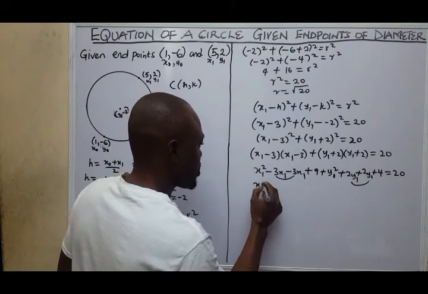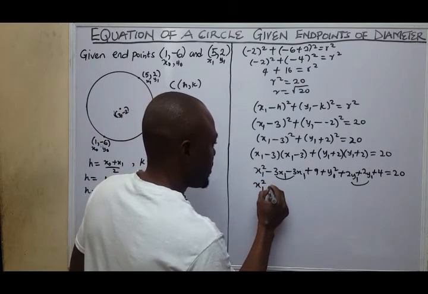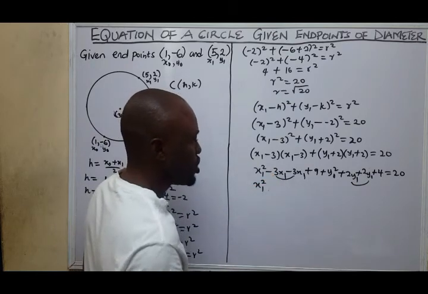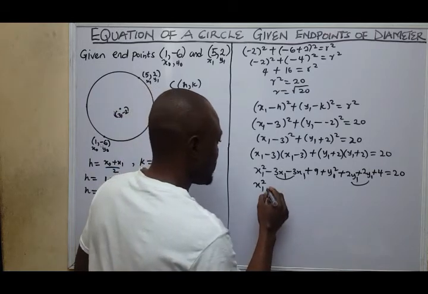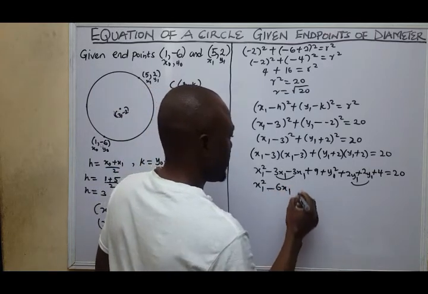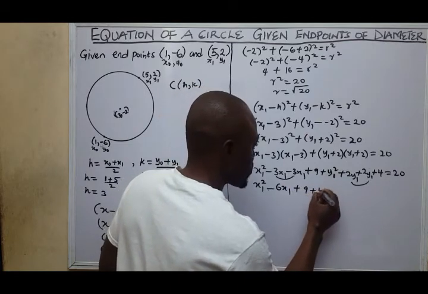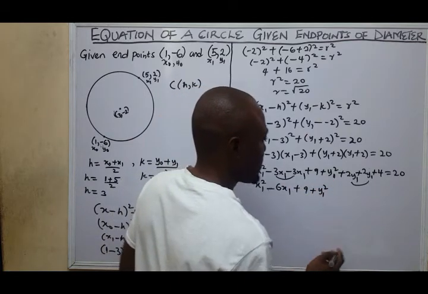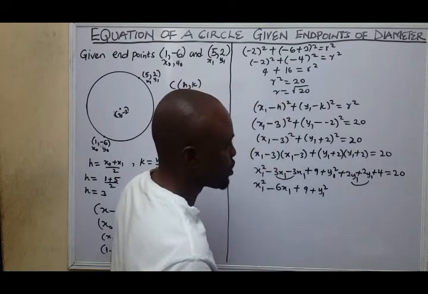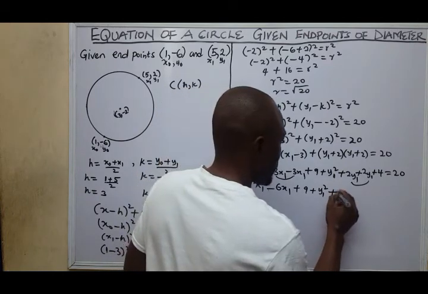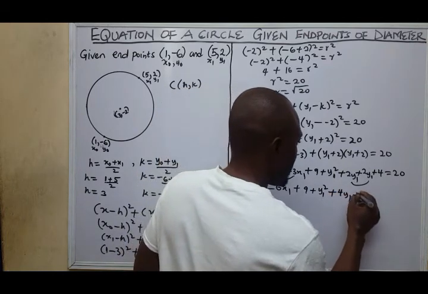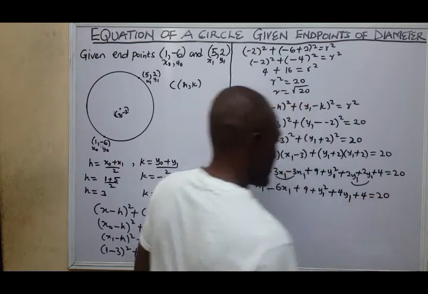So I will have x₁² minus 3x₁ minus 3x₁ will give me -6x₁ plus 9. Then I have plus y₁² plus 2y₁ plus 2y₁ will give me plus 4y₁ plus 4 equals 20.